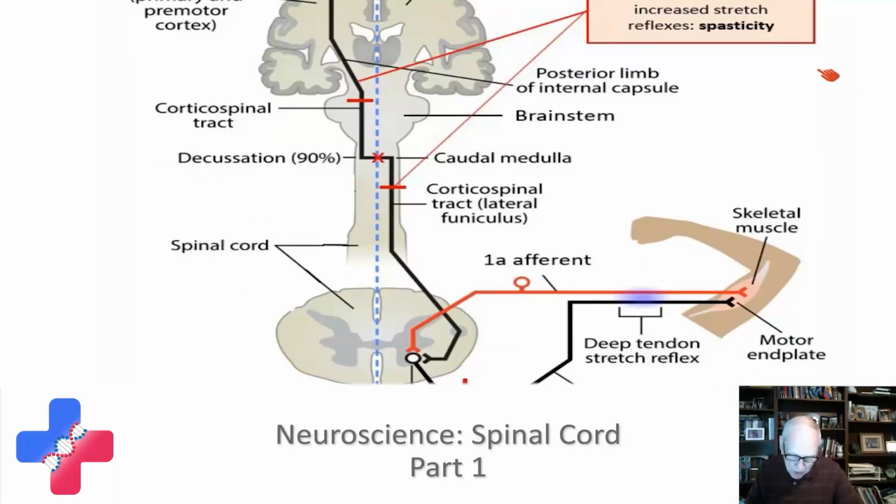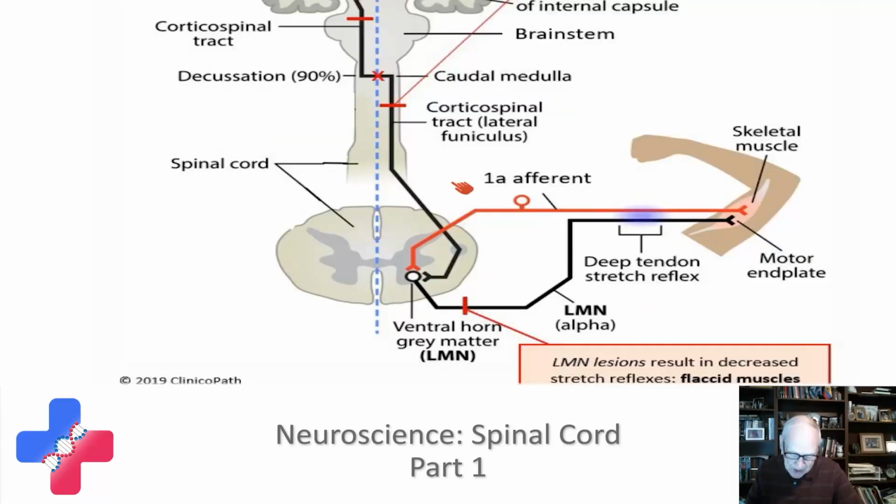Down here at the spinal cord segment, here again is that deep tendon reflex circuitry. So you've got muscle spindles here in the skeletal muscle generating 1A fibers directed to the ventral horn, the lower motor neuron alpha, back to the same muscle motor end plate. So now you've got that sensory motor circuit.